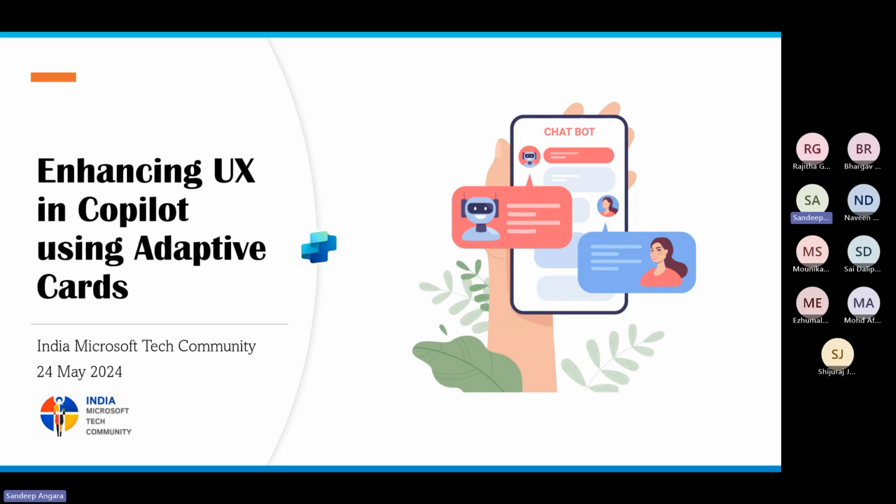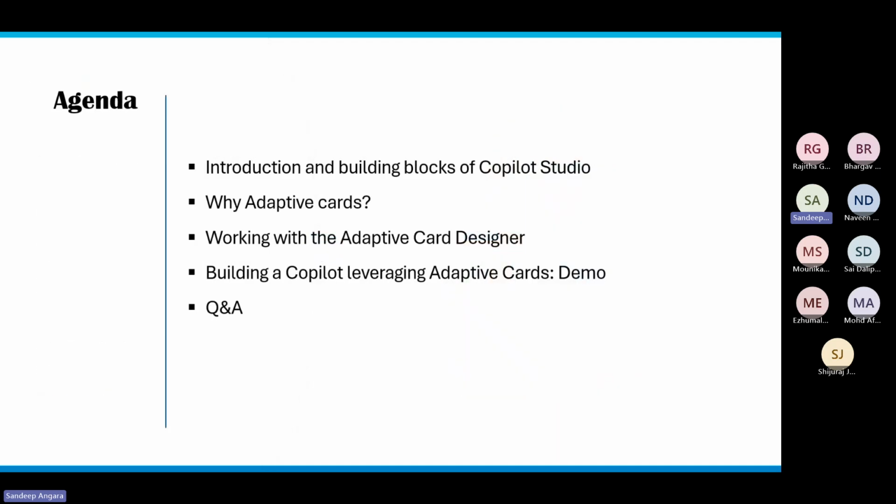To take out the complexity from the user experience, we built adaptive cards and made the user experience intuitive in that Copilot. That's how we can use adaptive cards in Copilots to create a great user experience.